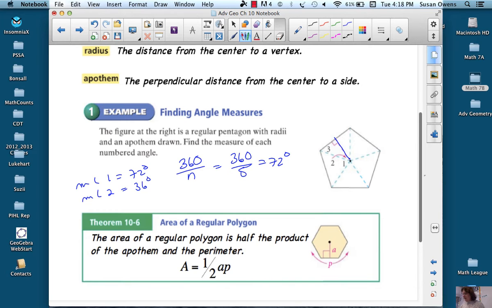So if we take 90 minus 36, that'll be angle 3. The measure of angle 3 is 54 degrees. We're going to need to be able to do this because we might need to use trig to find the apothem or maybe a side length. One of the things that we're going to do a lot is to take the central angle, draw the apothem, and then find some of the angle measures.